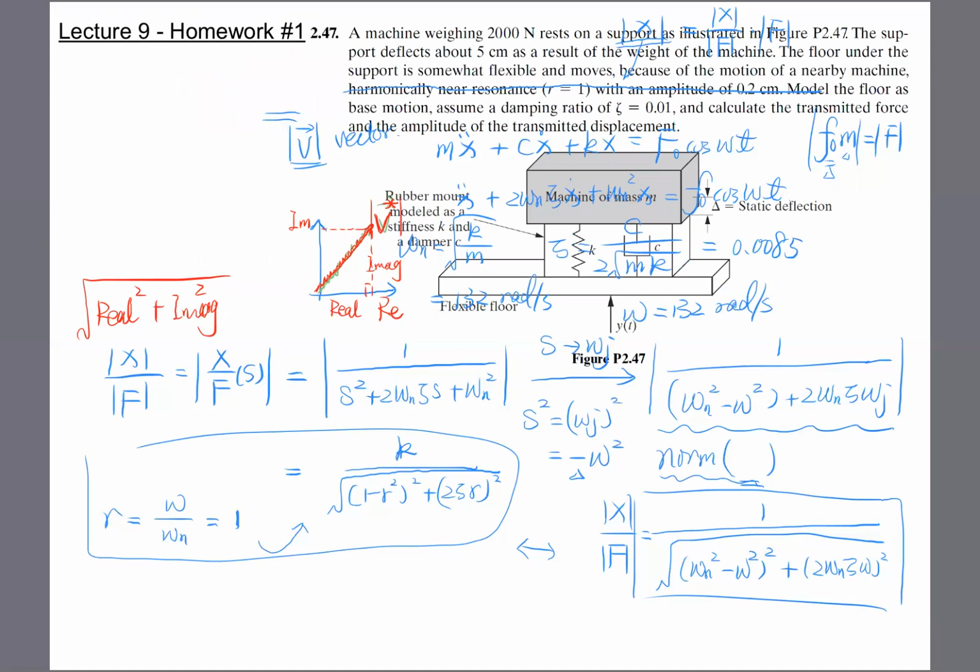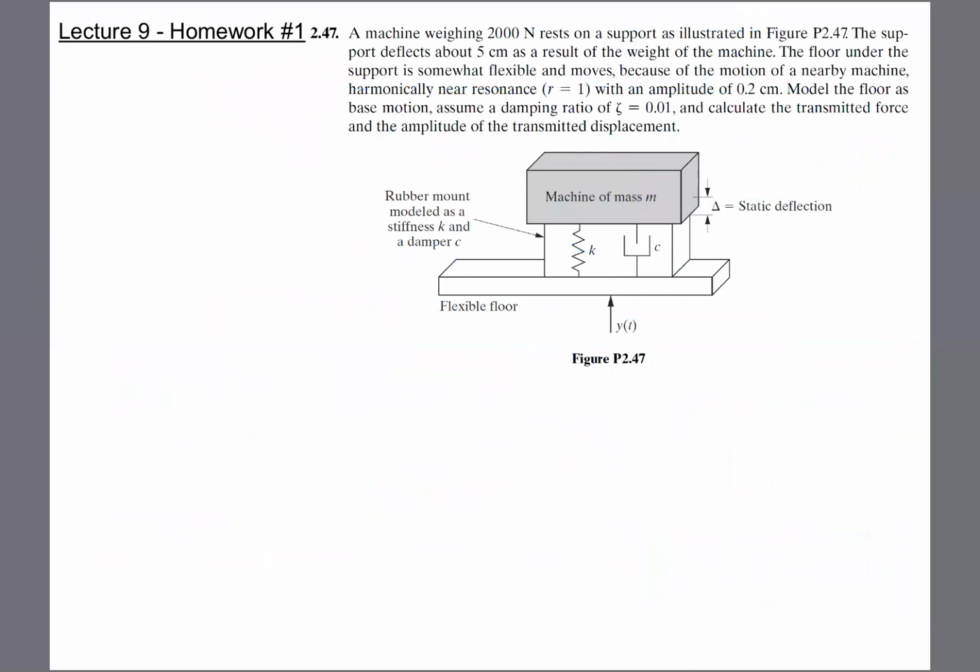All right, so that's for lecture number 9, homework 1. Since we learned a lot of stuff, at the end of last lecture I summarized all the systems we learned. We have actually learned 4 different systems. We applied the force, we applied base excitation, we applied unbalanced rotation, and we chose different inputs and outputs.